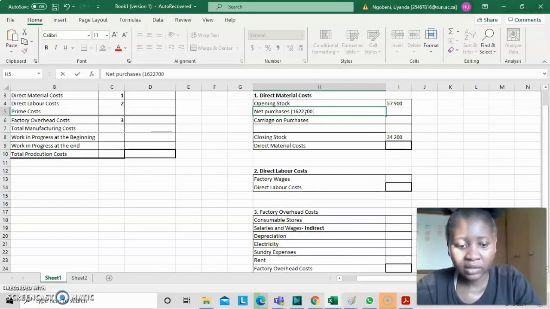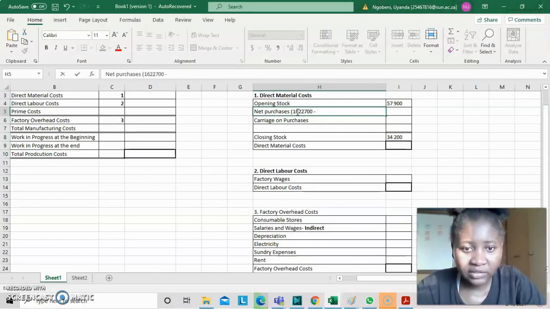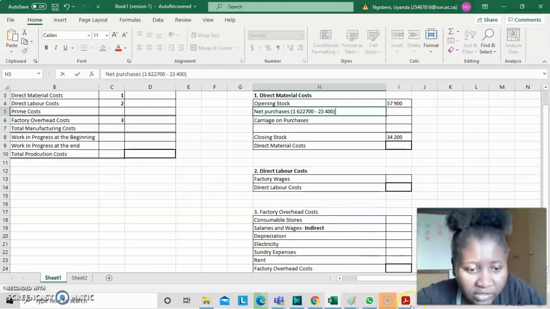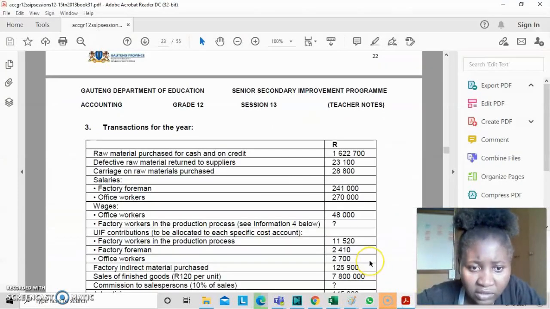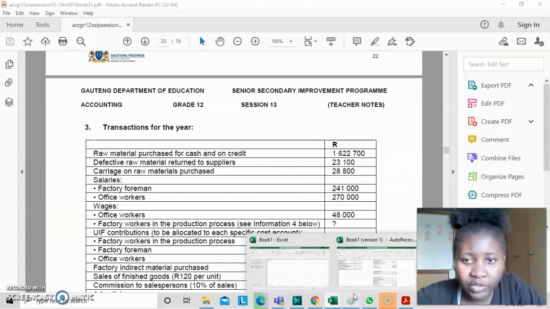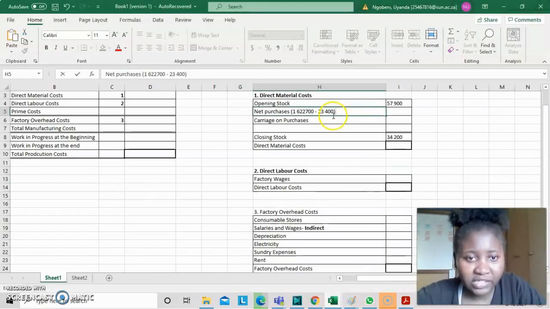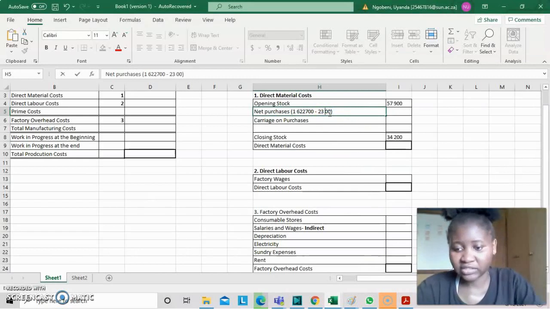1,622,700 minus, I think it's 23,400. We'll double check. Okay, let's double check if it's correct. It's 23,100. Okay, in the meantime, you can start calculating to find out how much it is.